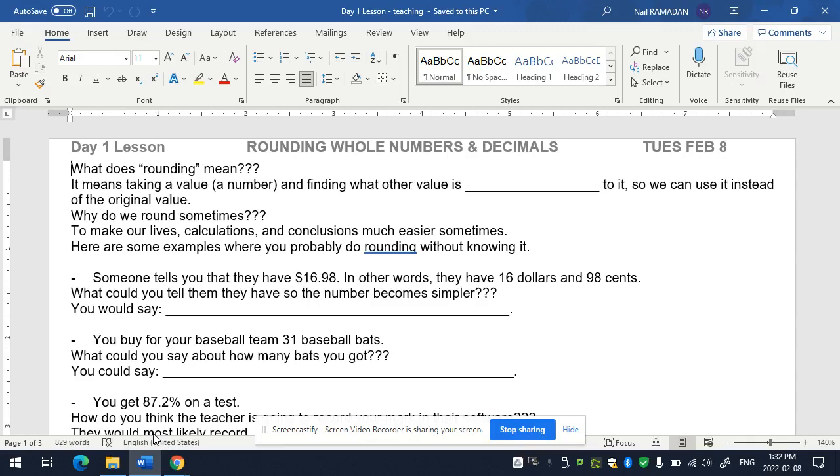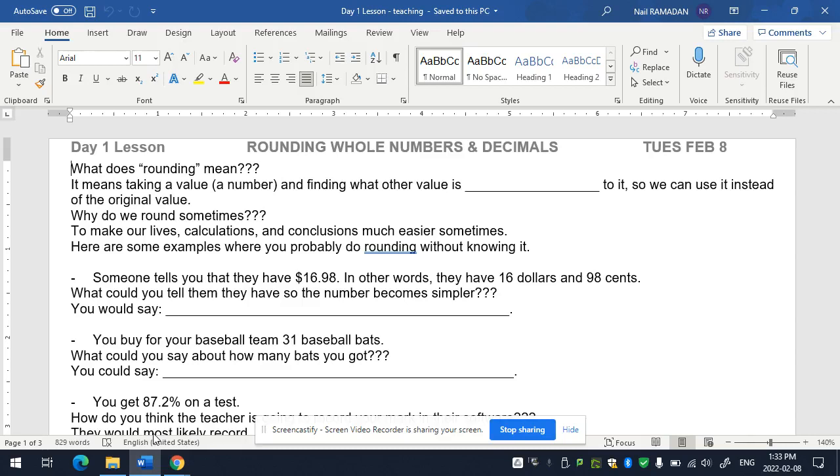Today we do rounding. Okay, what does rounding a number mean? It means taking a value, a number, and finding what other value is closest to it. For example, if I say that you have $3.999, practically, how much do you have?